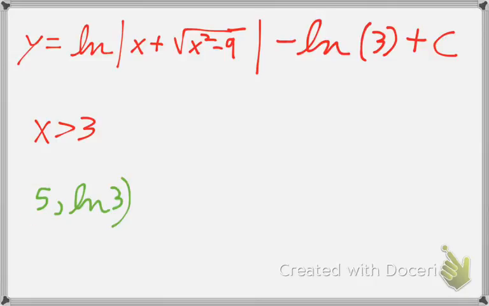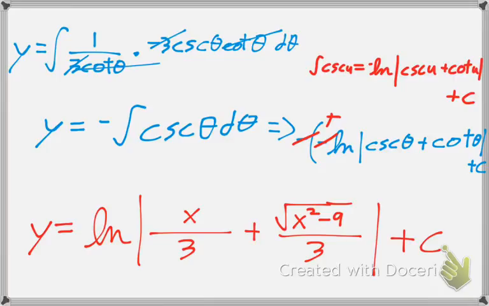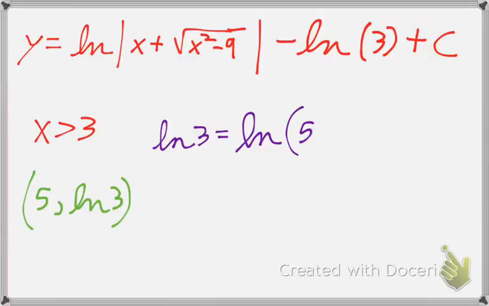And so here's our actual point. We'll now plug in some values. For y, we'll have ln of 3. Then for the other side, natural log of 5 plus the root of 5 squared, so 25, minus 9, minus natural log of 3, plus c.